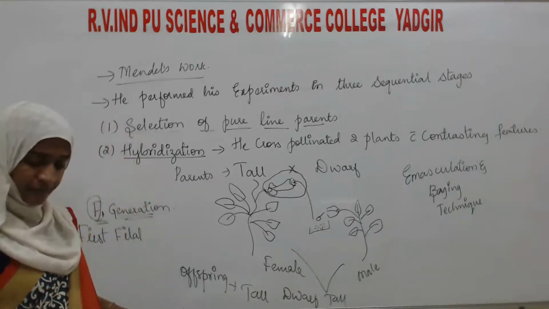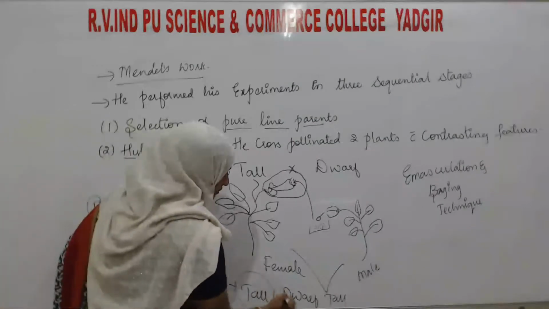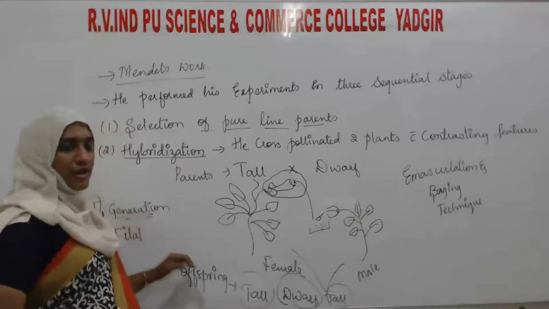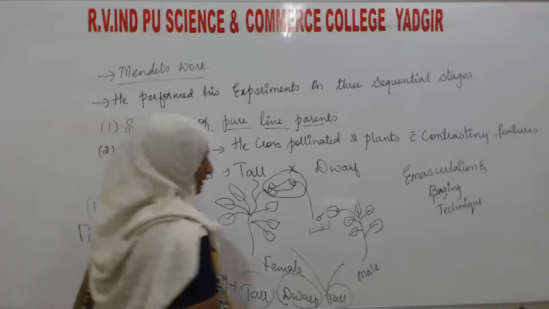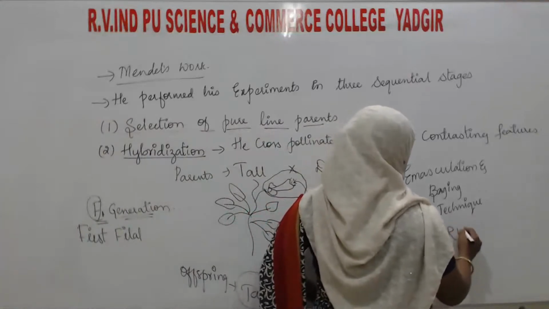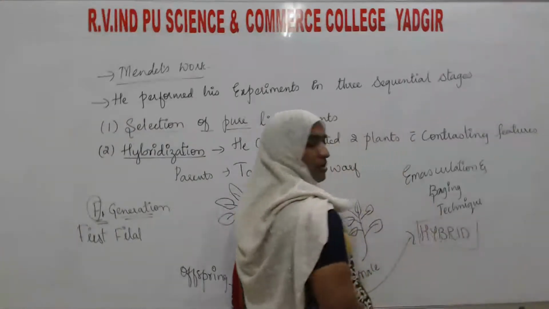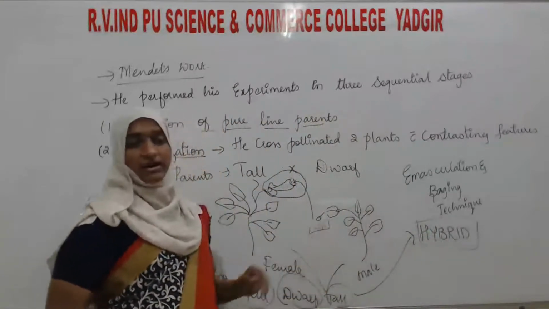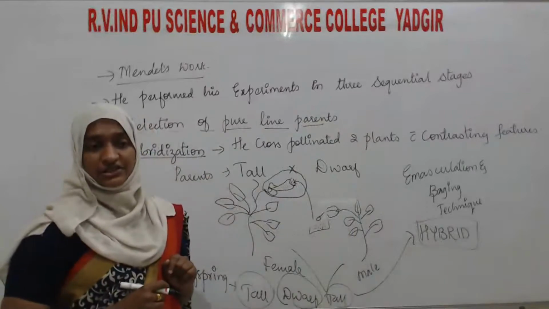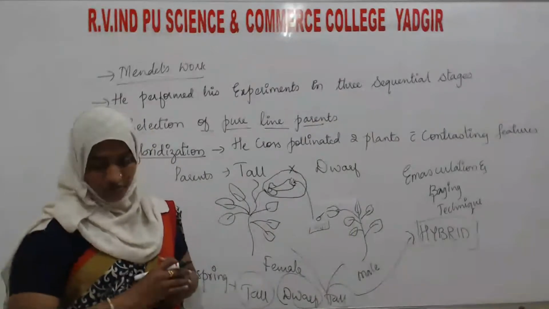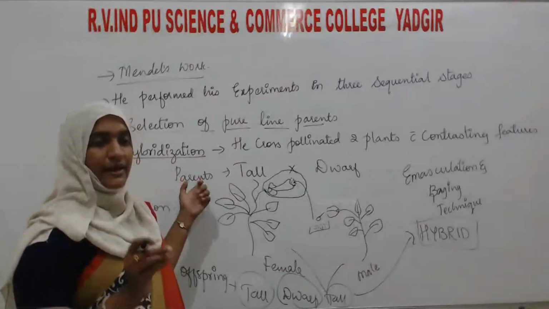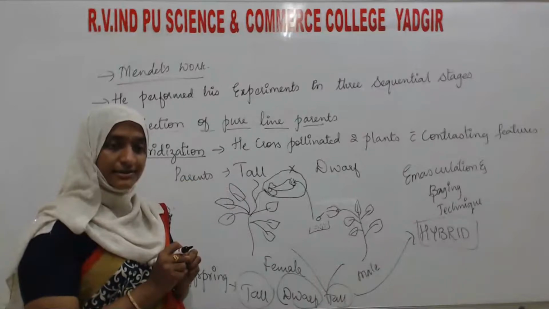The offspring produced after crossing, we also call the hybrid, and that process we call hybridization. So this is the second stage, where two plants with opposing characters are cross-pollinated.